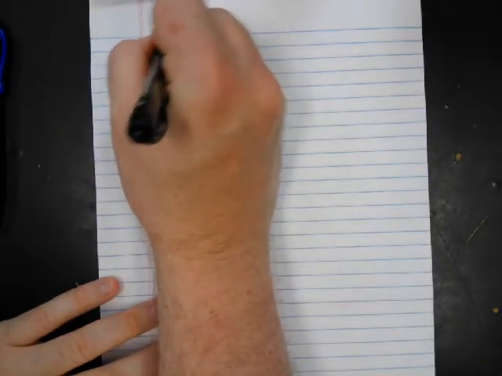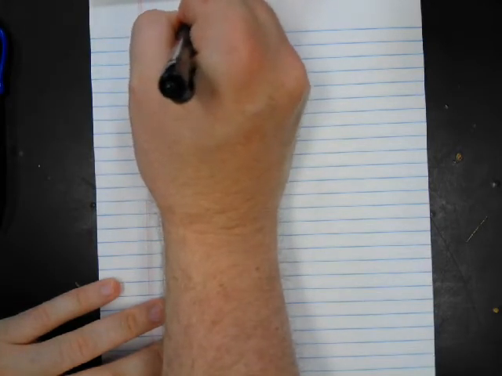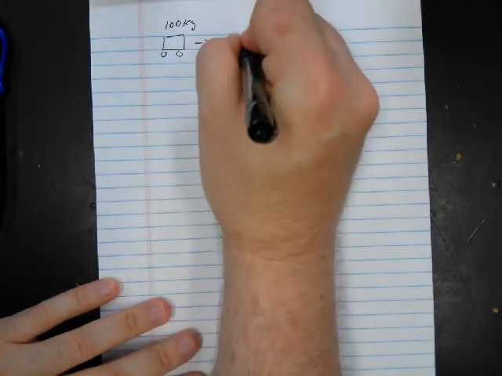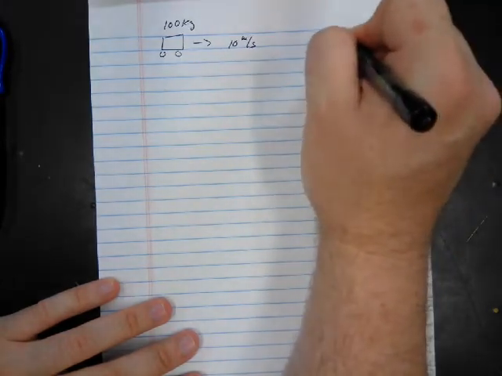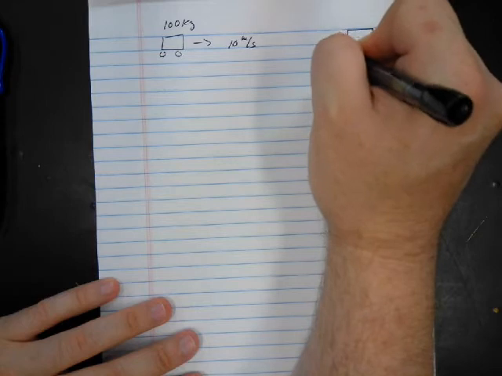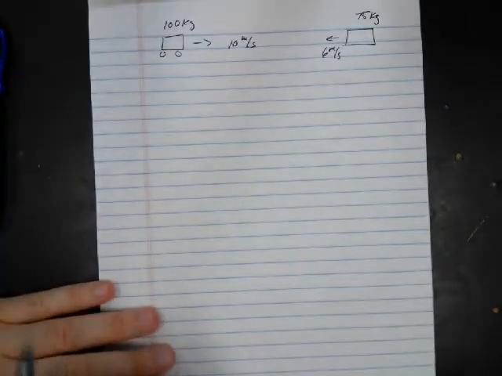Let's put a cart in. So 100 kilograms, that's going at 10 meters per second. And here's one over here that is going 6 meters per second, and it is 75 kilograms. Okay.